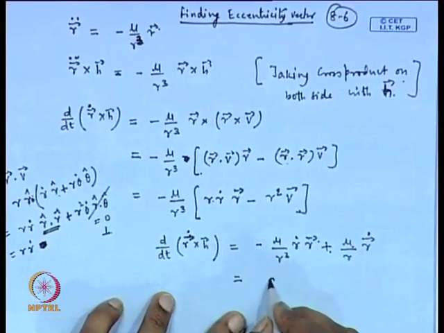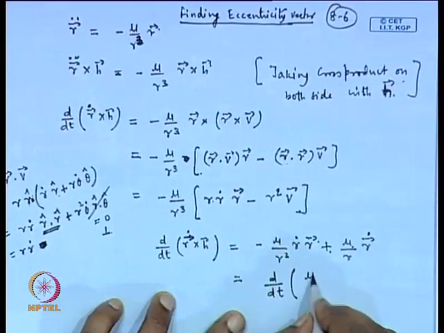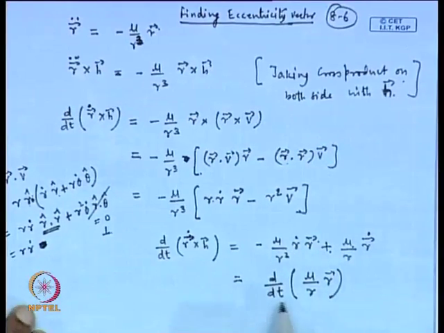So, if you look, this quantity is nothing but d by dt of mu by r times r. Just differentiate it, and this quantity will turn out to be this.